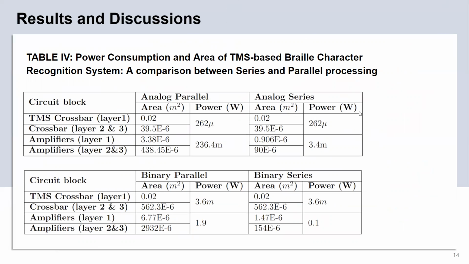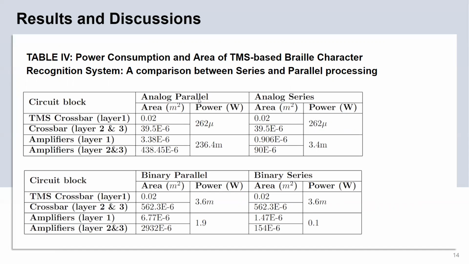The results in table 4 show that serial processing is power efficient in comparison with parallel processing, because in serial processing we are doing it with one sense amplifier rather than multiple sense amplifiers. That's why the power efficiency comes in for the serial implementation.